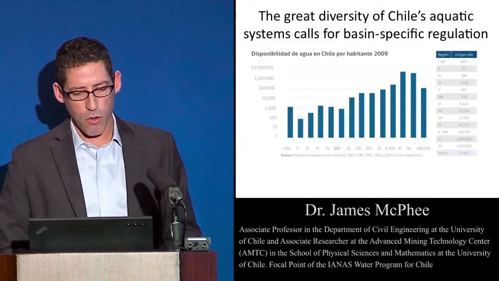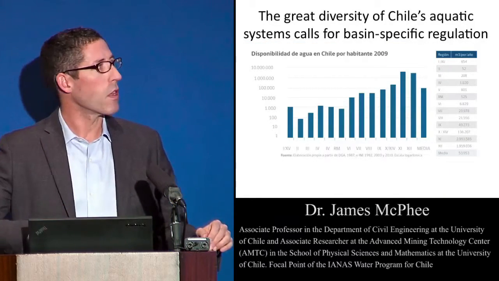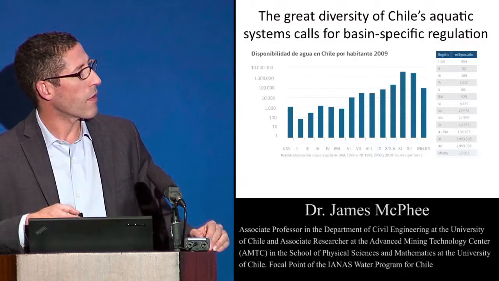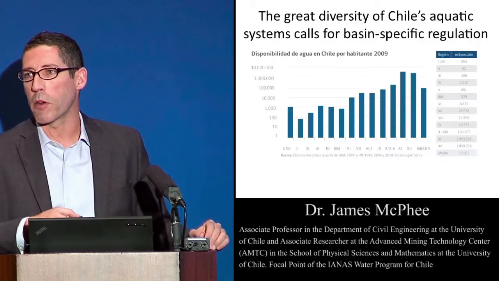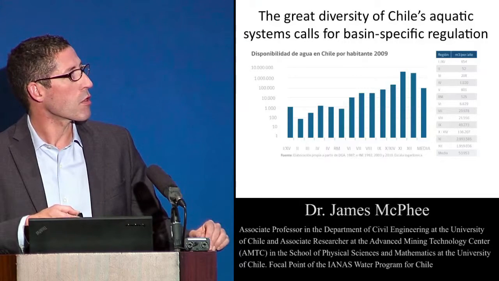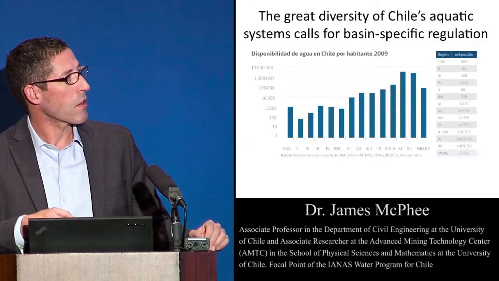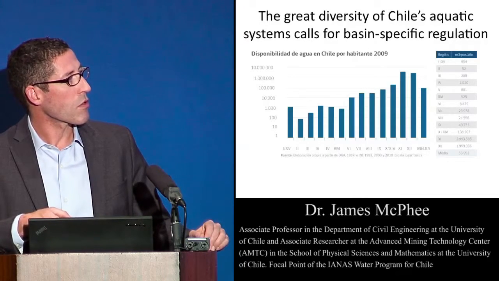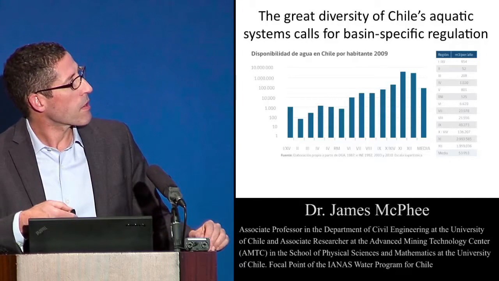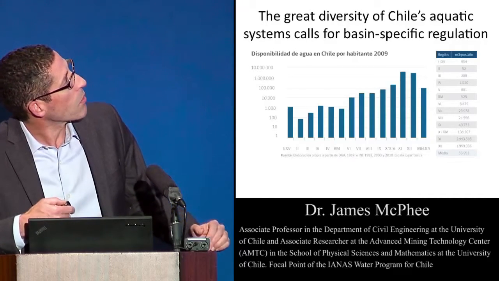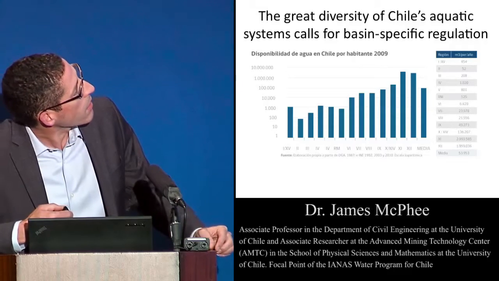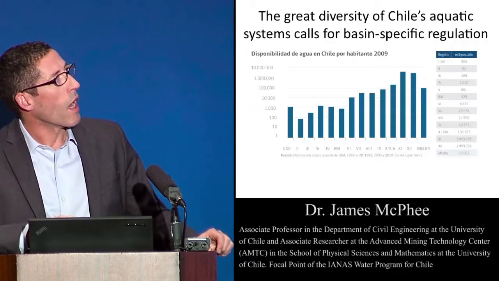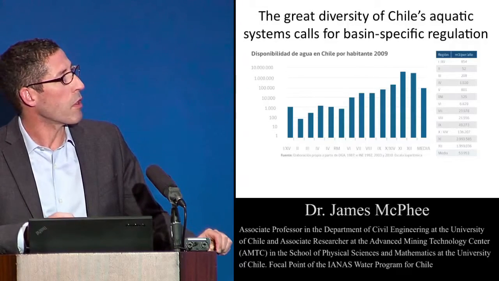This graph here also is just to reinforce this point. This shows the availability of water per habitant, per person along Chile. These are the different administrative regions from north to south, and this is a logarithmic scale from 1 to 10 million cubic meters per person per year.